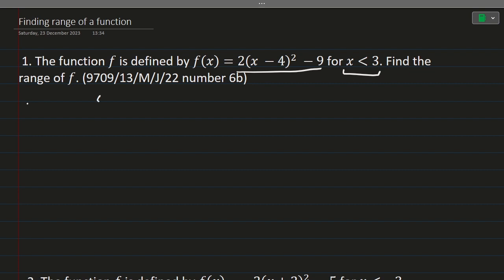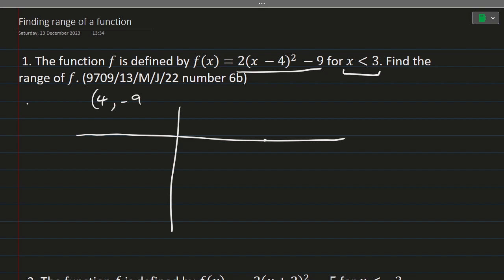We know that it has a turning point at (4, negative 9). So let's draw a Cartesian plane. Let's say 4 is somewhere here and negative 9 would be somewhere here. If you sketch the curve, it would look something like this.